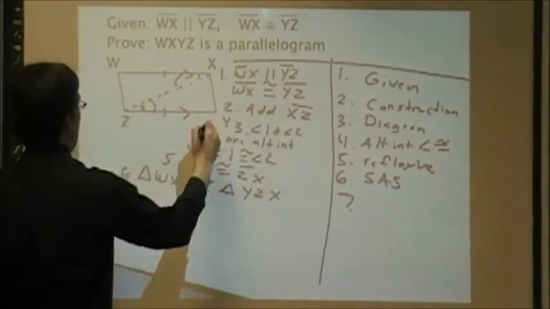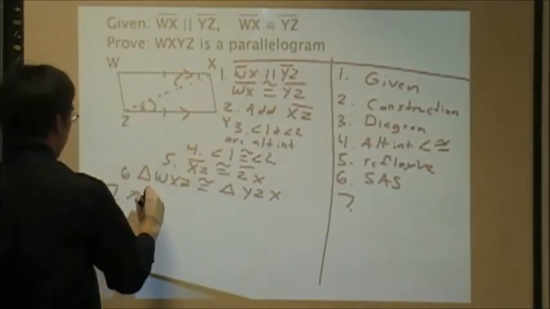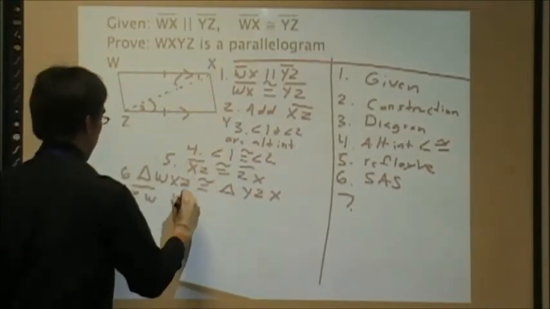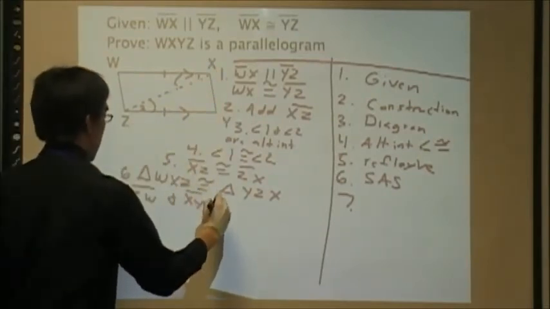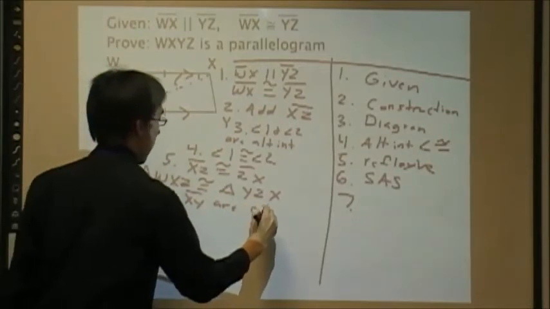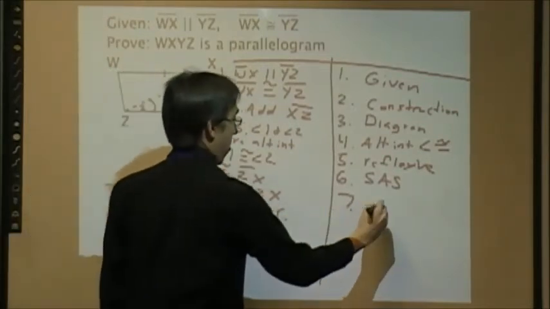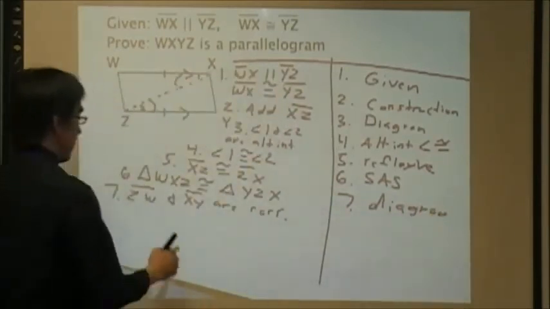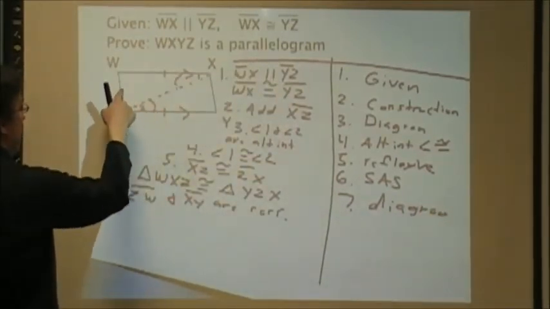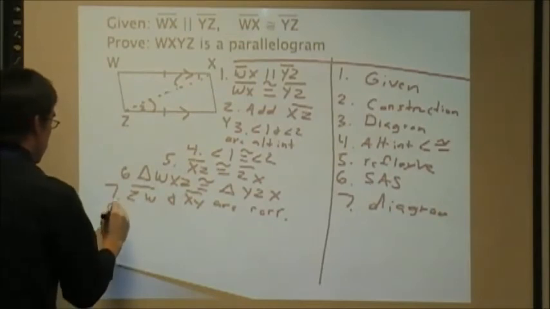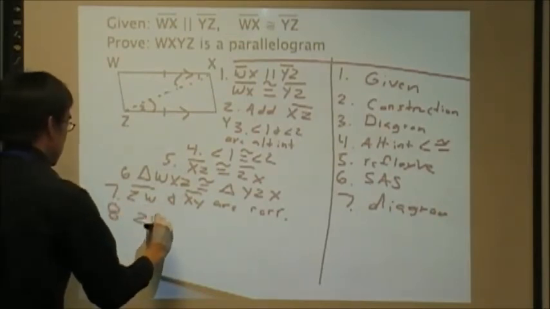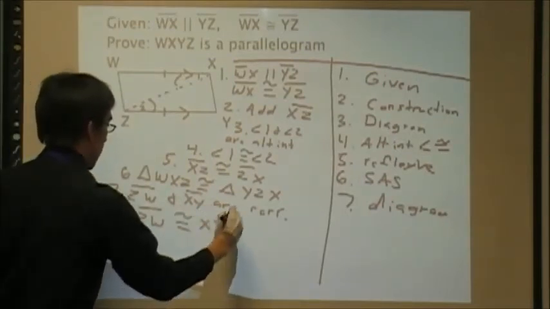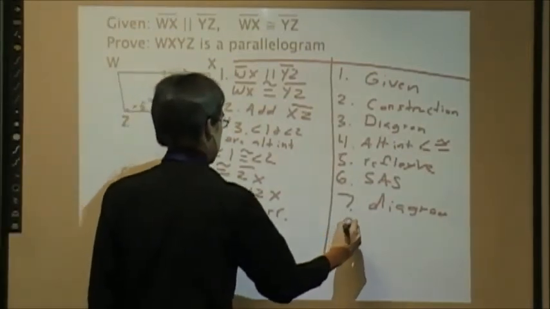But also observing that ZW and XY are corresponding from the diagram. If they're corresponding and they're parts of congruent triangles, then ZW is congruent to XY by CPCTC.